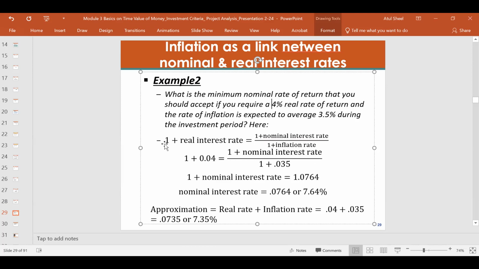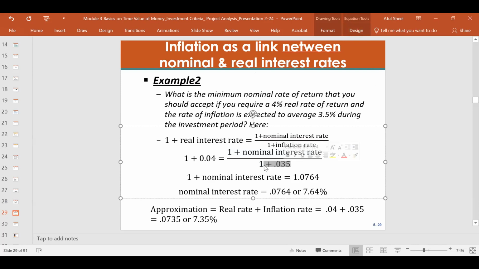So once again, plug in the same formula. 1 plus the real equals 1 plus nominal divided by 1 plus inflation. So my 1 plus real is 1.04. 1 plus nominal, I want to know the nominal, and 0.035 is my inflation rate.